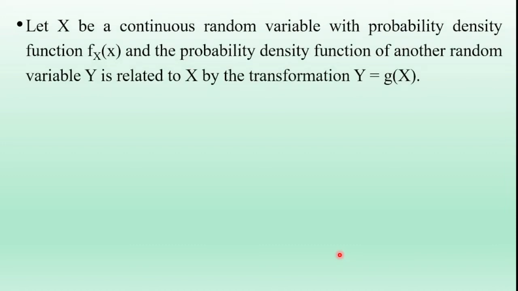Let capital X be a continuous random variable with probability density function fx of x, and capital Y be another random variable with probability density function fy of y. The probability density function of y is related to random variable x by the transformation y is equal to g of x.